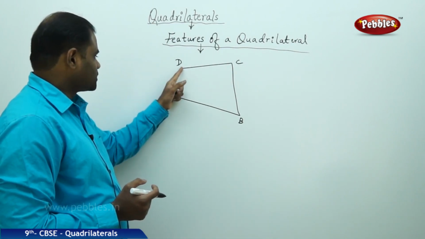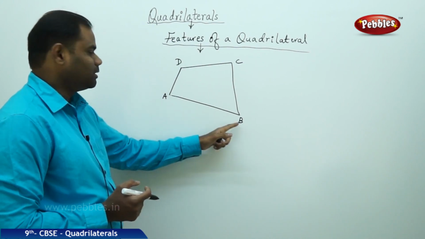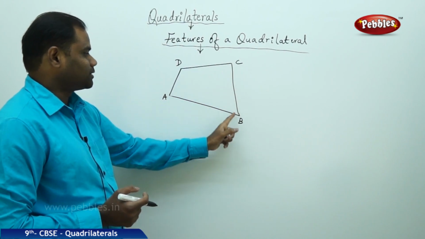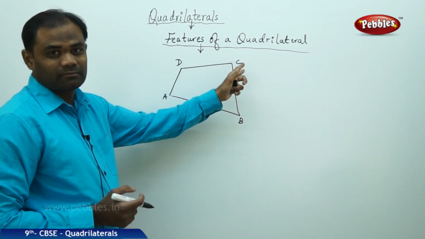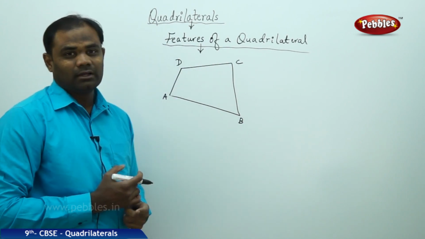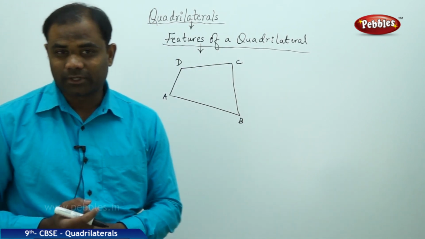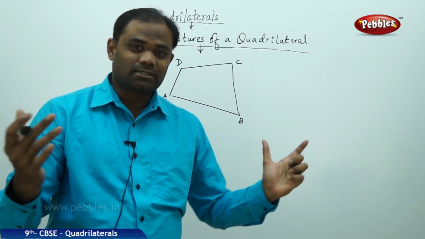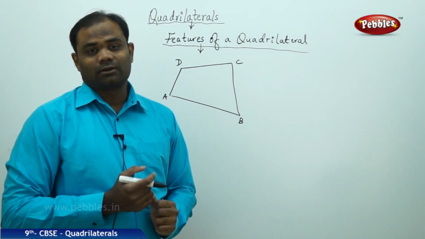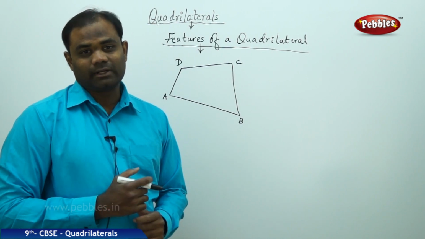A is the point of intersection of this line and this line, B is the point of intersection of this line and this line, C is the point of intersection of this line and this line, and finally D is the point of intersection of this line and this line. And hence there are 4 points of intersection when the 4 straight lines form a closed region, and those points are called the vertices of the quadrilateral.